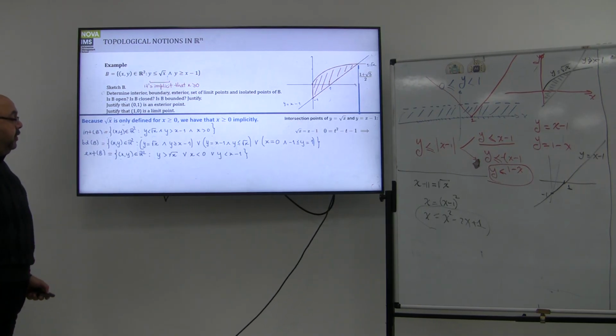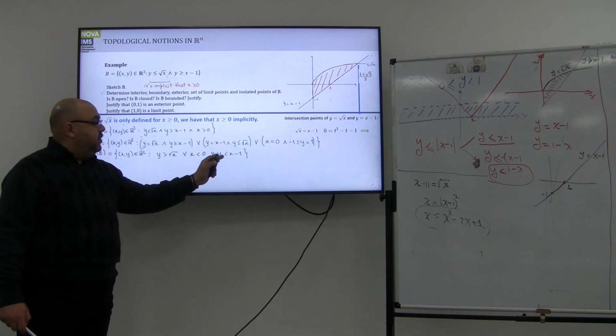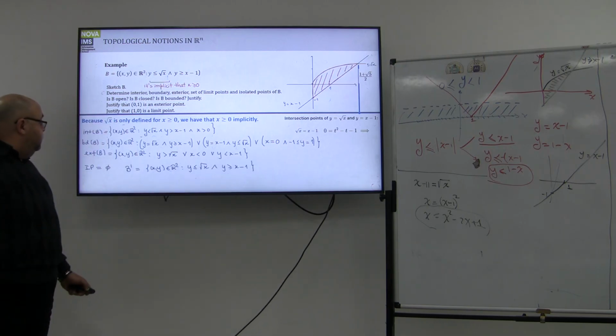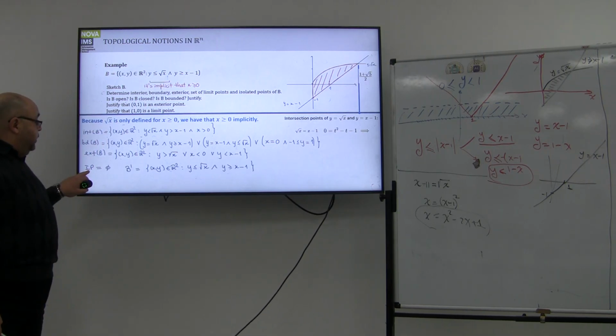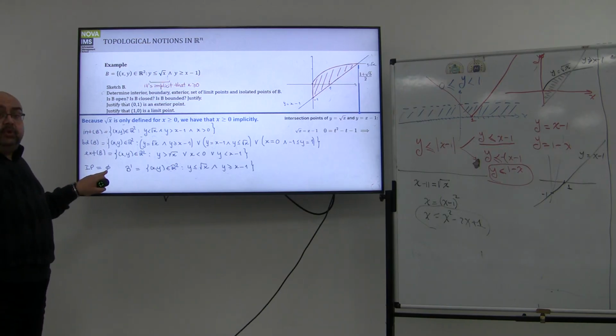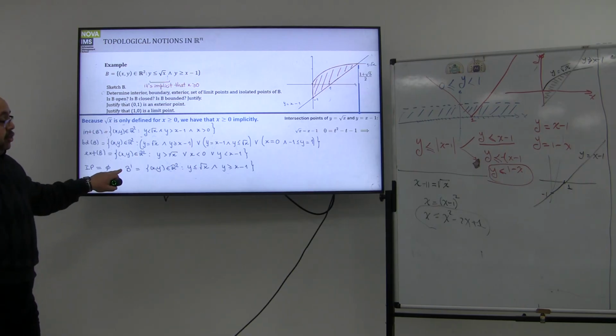The exterior points are the points outside root of x, or x less than 0, or y is less than x minus 1. Remark that the set of isolated points is phi. I don't have any isolated points.